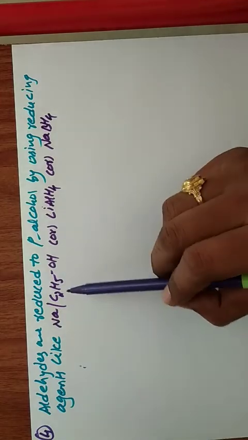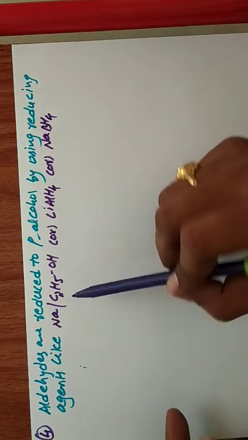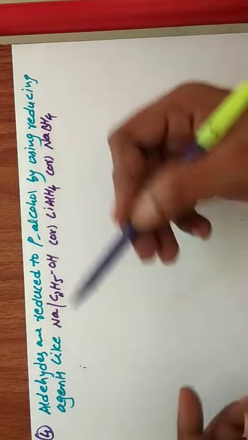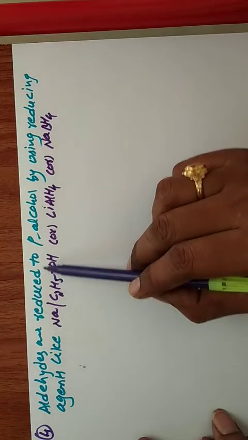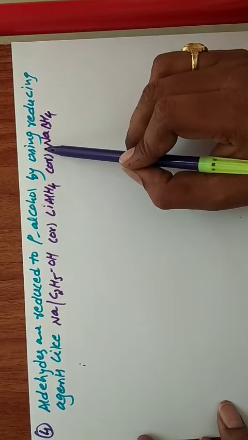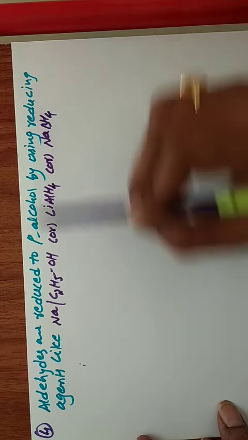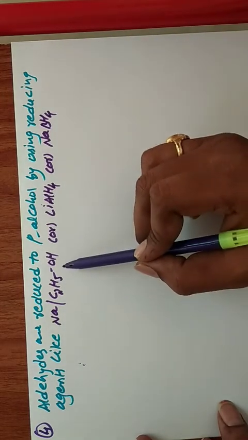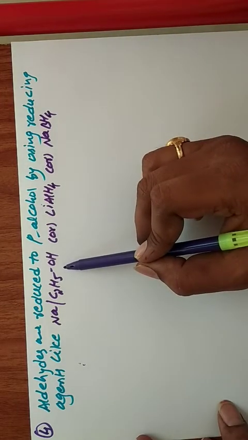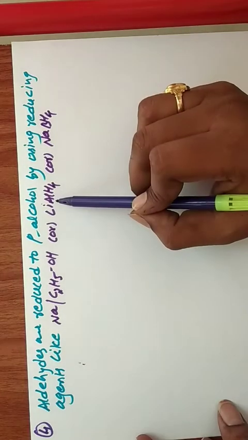That means if you take any one of the reagents, we can get the same product. That's why we can write it directly. Sodium with ethyl alcohol is one type of reducing agent, and we get the same product.